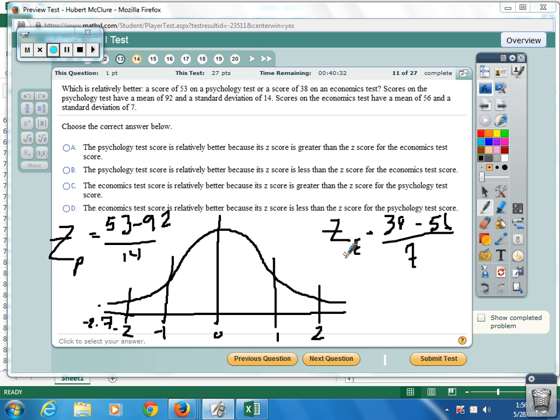Negative 1.7, which is, we'll say this is negative 2.7, right about here. Negative 2.7 is right in here. 1.7 is right in here. Yeah, because it's closer to 0.